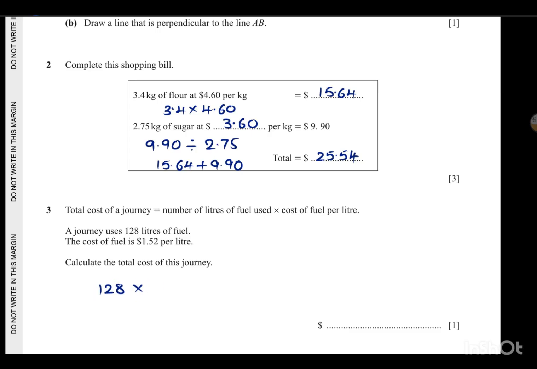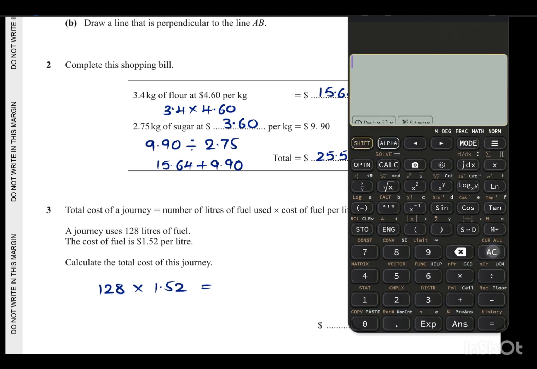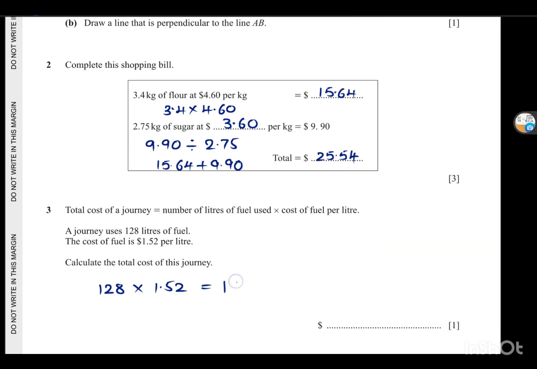That needs to be multiplied with the per liter rate of the fuel. You will get the answer. Use the calculator. 128 times 1.52, 194.56. 194.56 dollars. So this is the answer.